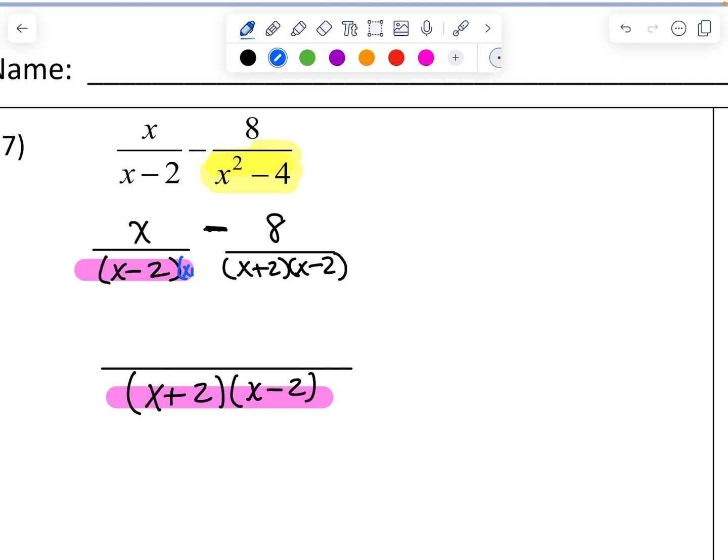So I'm going to multiply numerator and denominator by x plus 2. Now, fortunately for us, this is already this, so it needs nothing. So we're ready to go. So we're going to distribute, and x times x is x squared, and x times 2 is 2x, and negative 8.